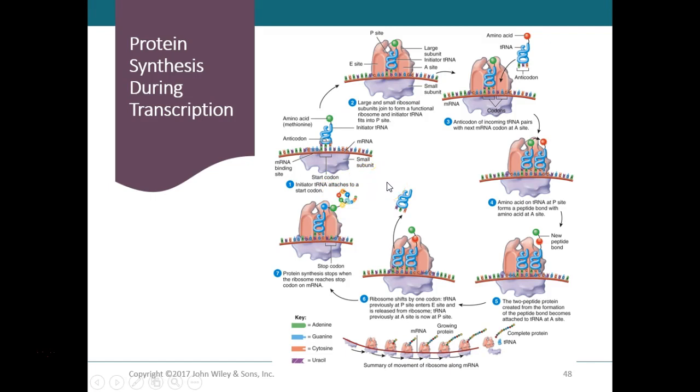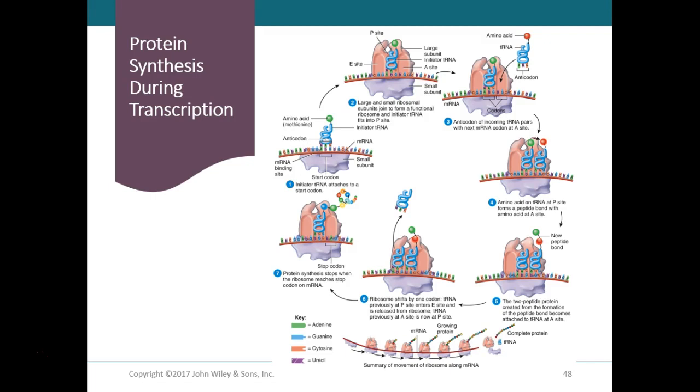Okay? Now, let's think back to what we just mentioned there. This whole thing started in the nucleus with the DNA. The DNA was split apart by an enzyme. So now we've got 2 strands of nucleotides.